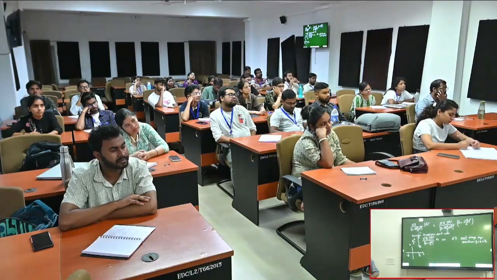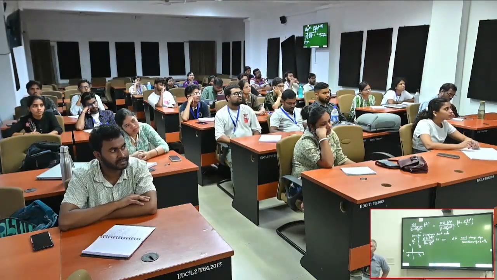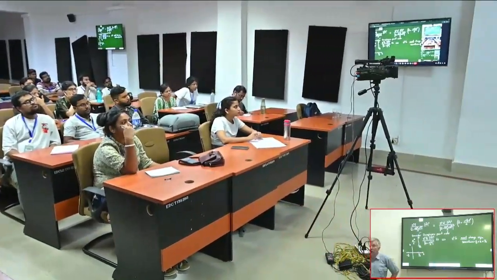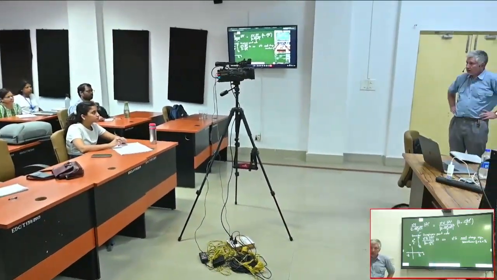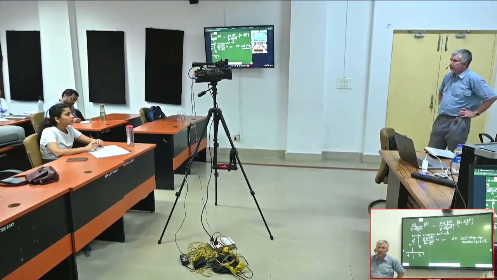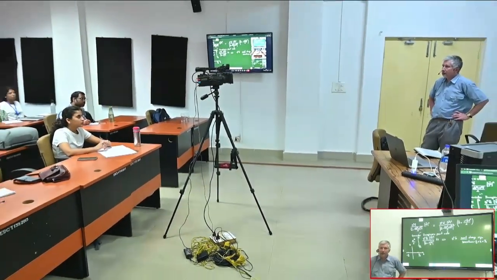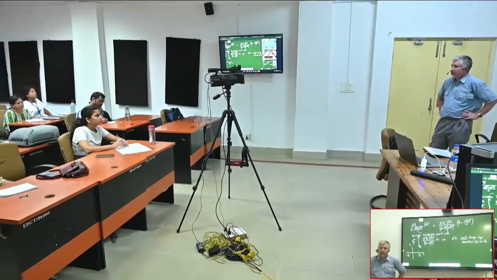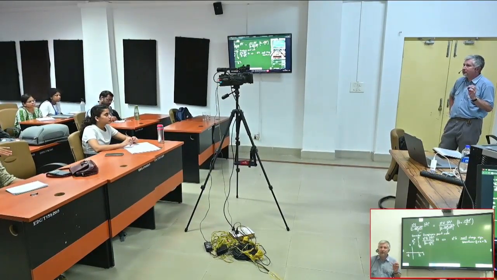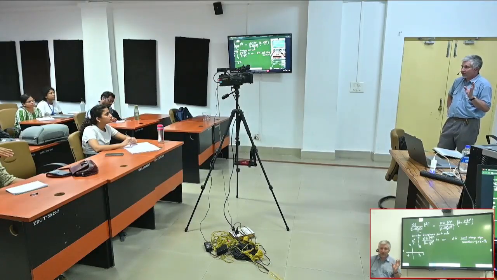What does second derivative represent? It's a curvature, right? And what does positive curvature mean? How does it look? So, do you know the rain rule? Have you ever been taught that?